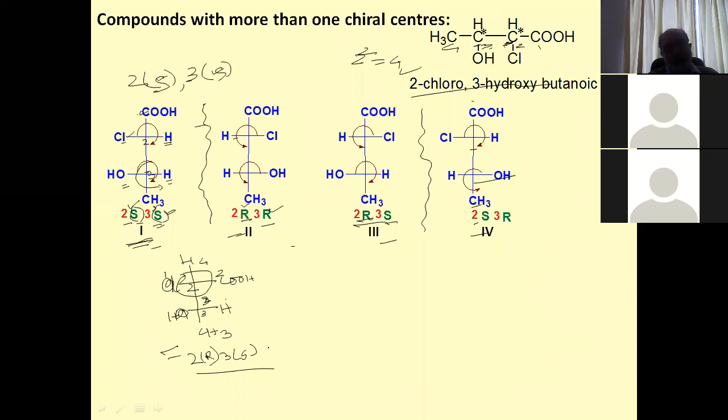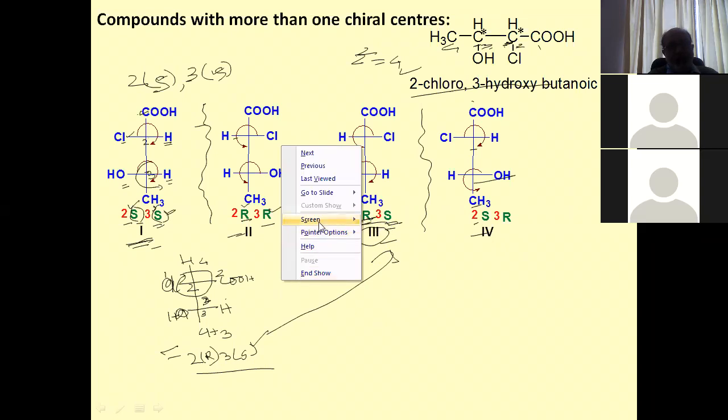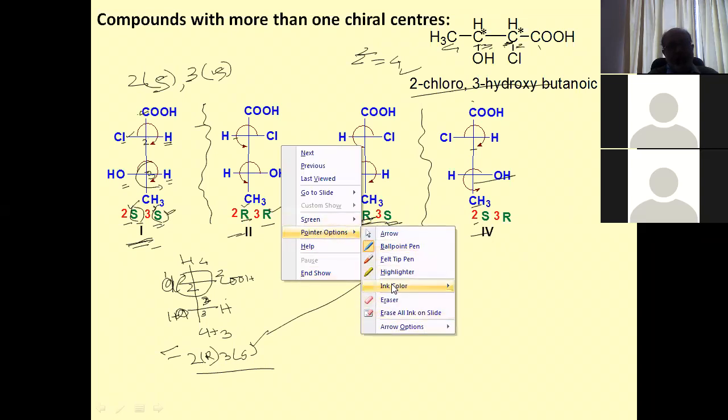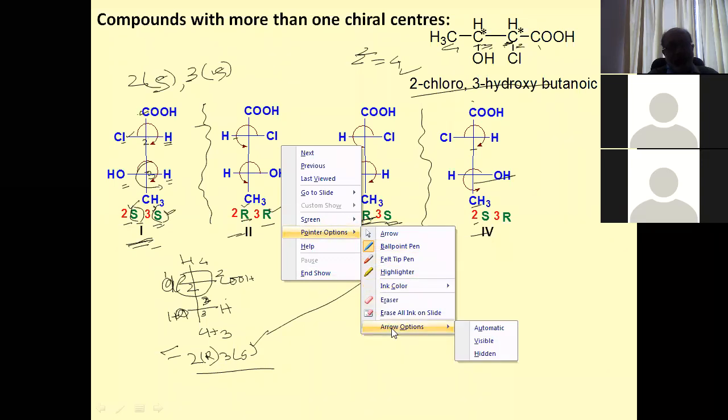So this is actually which one? This structure we have written is actually 3, because in 3 we have 2R, 3S. I think you got my point, how to point this out. So they are diastereomers. Okay.